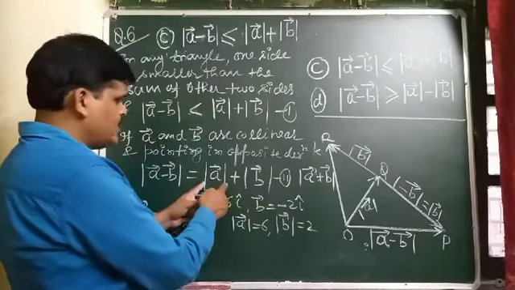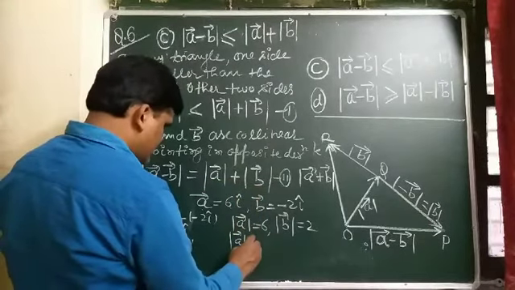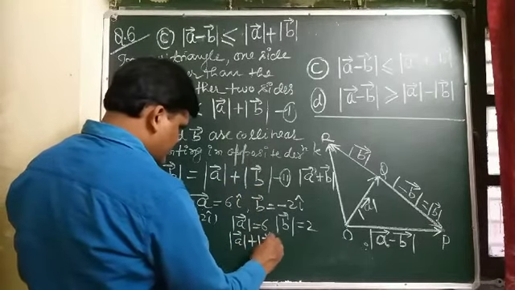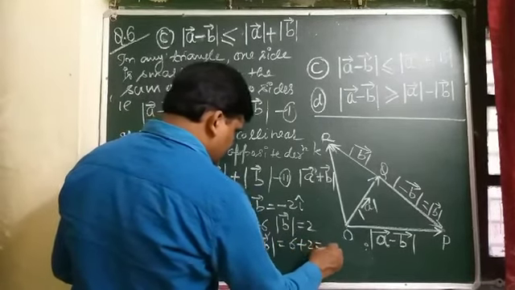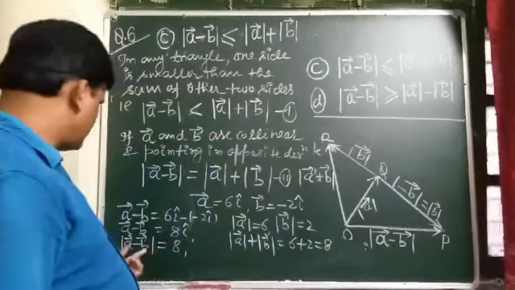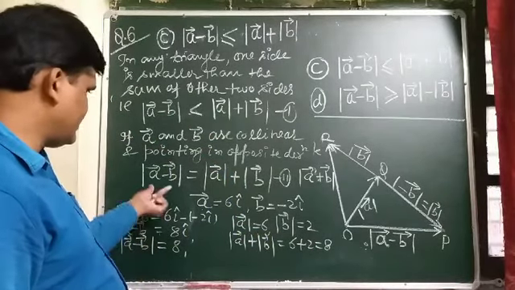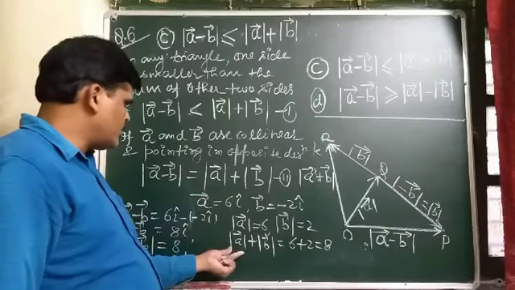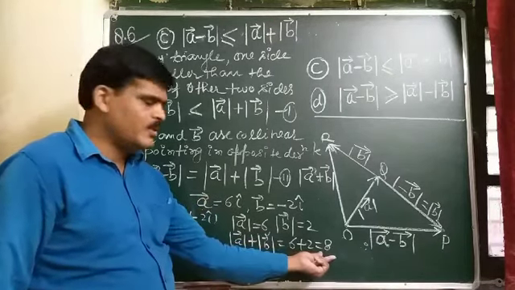Now we have to find mod A plus mod B. So, student, see carefully: 6 plus 2 comes out to be 8. So mod of vector A minus vector B, which is 8, is equal to mod A plus mod B, which is also equal to 8.